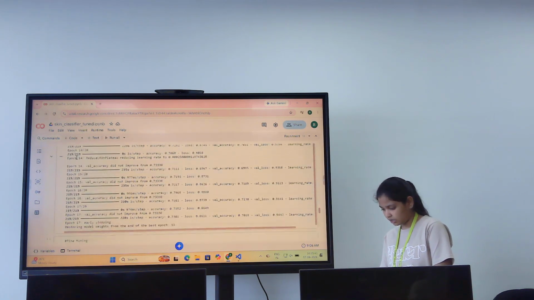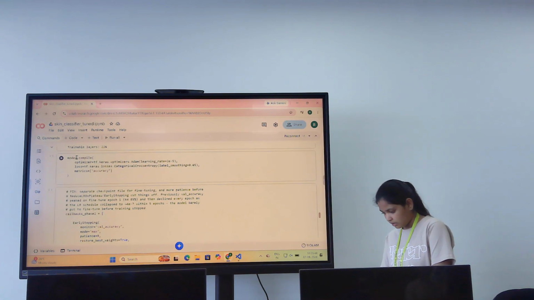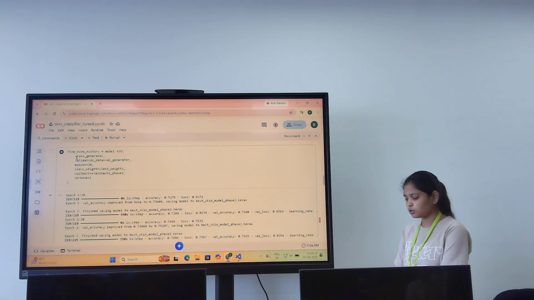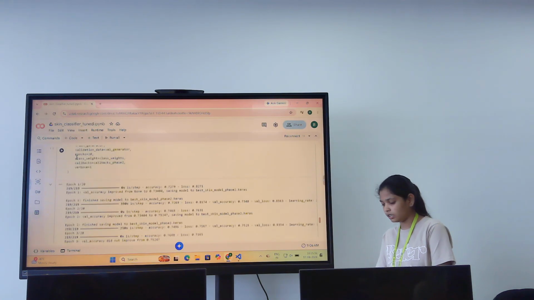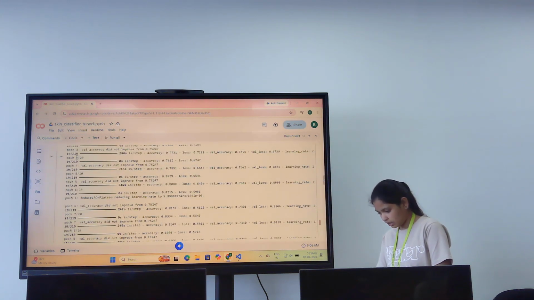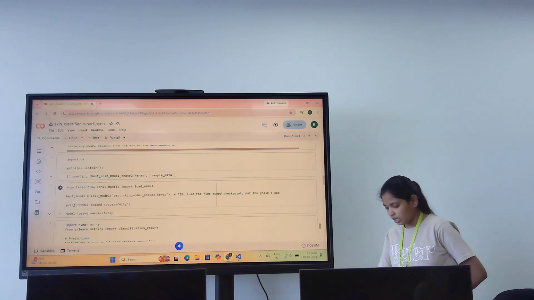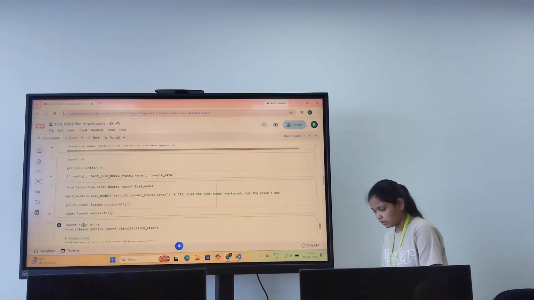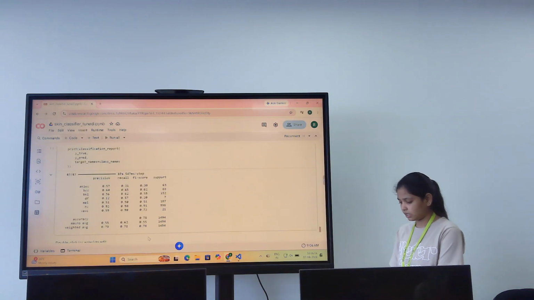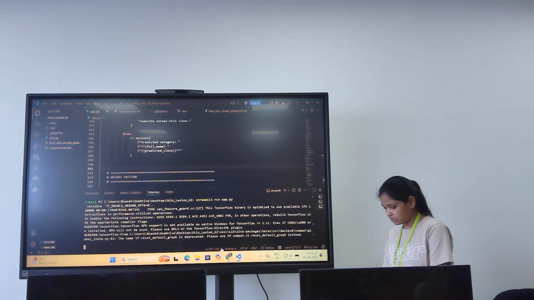In phase 2, I unfroze EfficientNet B3 to improve my accuracy, and I did my fine tuning. After I got my best model, I used it to develop my front end system, and this is my classification report. Let me show my front end system.